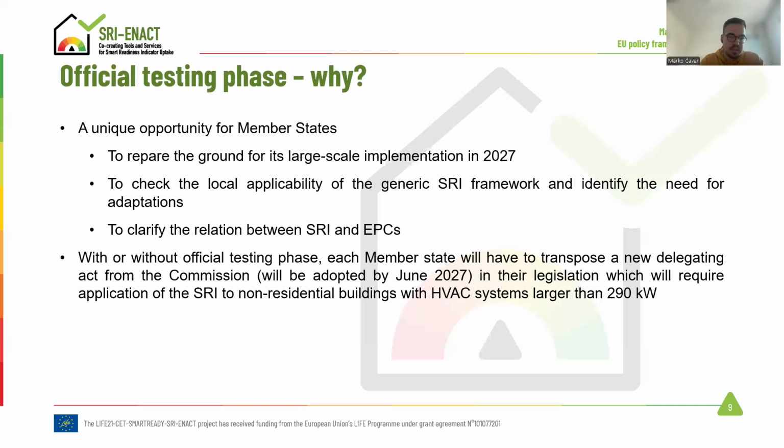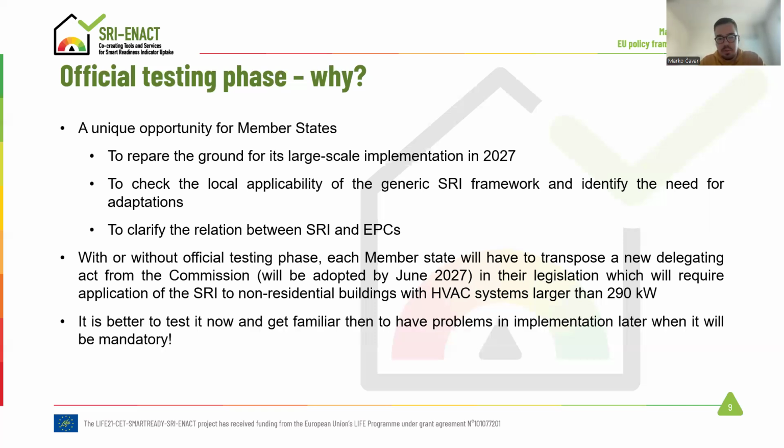So all the buildings that have this larger system will need to have SRI integrated. So from our perspective, it is better now to test it and get familiar with it than later, once it is official, each country, each ministry, and so on needs to adapt it in a rush.